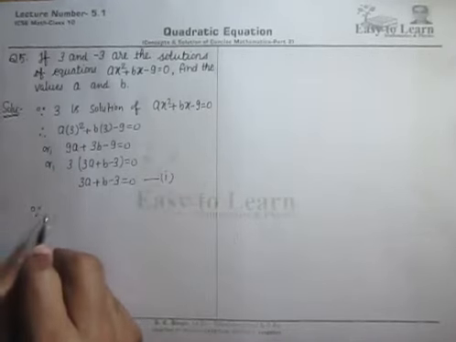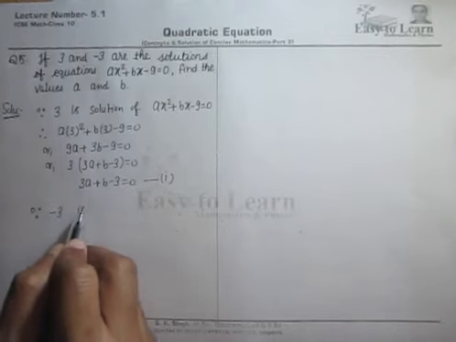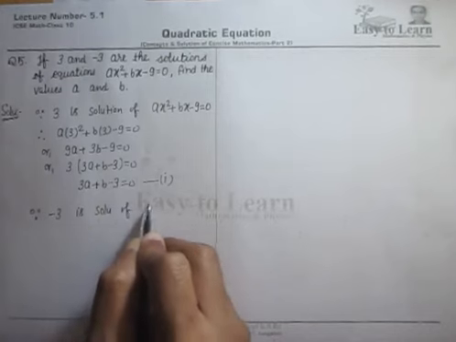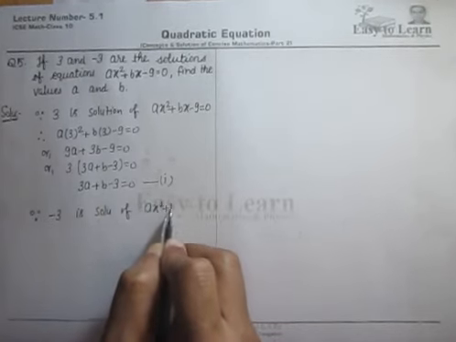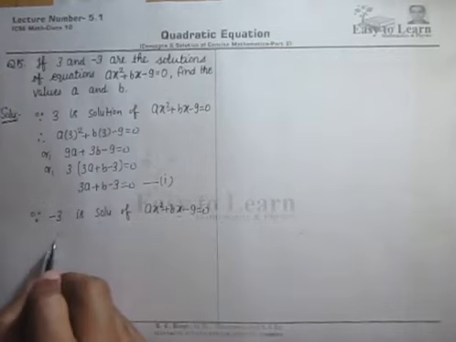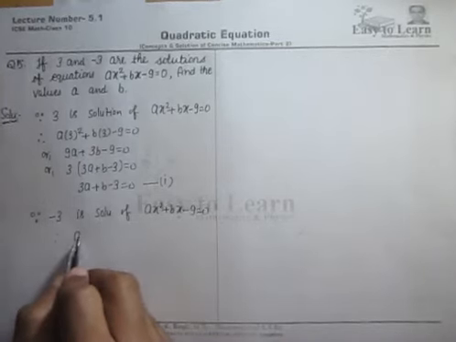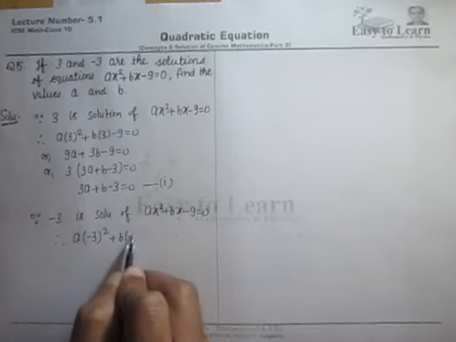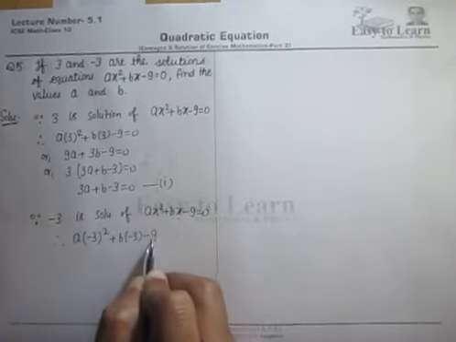Now since -3 is a solution of the equation ax² + bx - 9 = 0, therefore a × (-3)² + b × (-3) - 9 must be equal to 0.